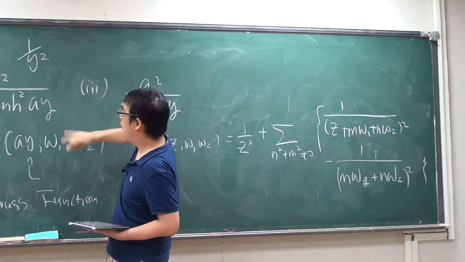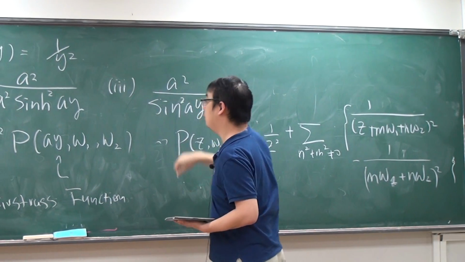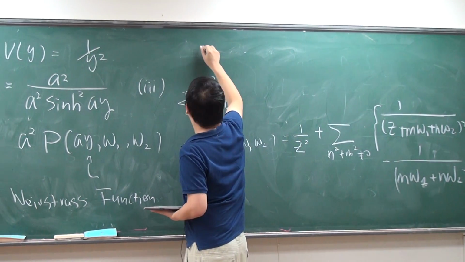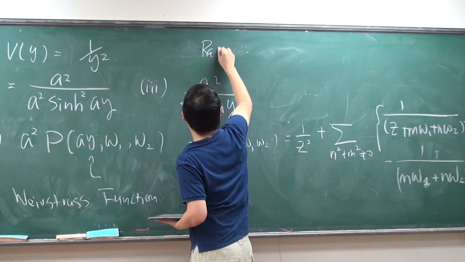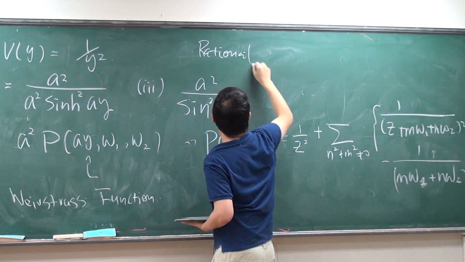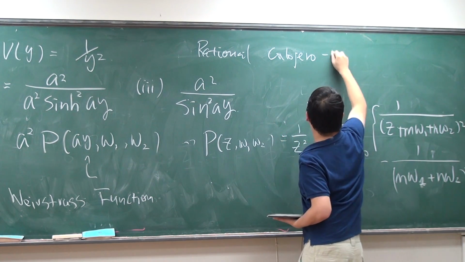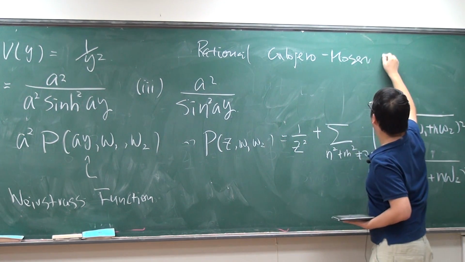So actually, those four different classes of potential are the very famous, this is called a rational Calogero-Moser system.